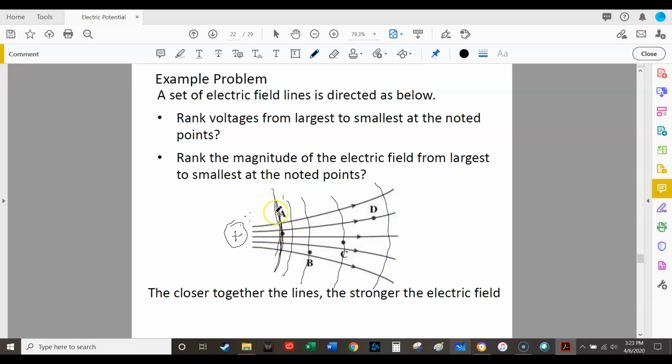So it looks like the voltage at A is going to be the highest. And then the further away you get, the voltage at B is not as high as A, but the second greatest.